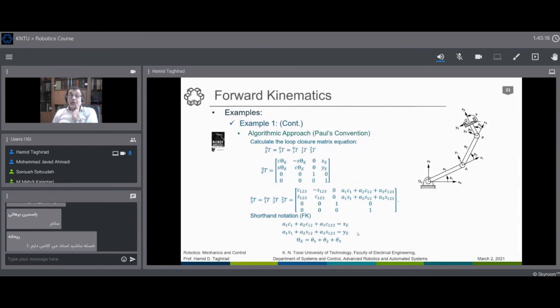But we don't talk about accuracy in robotics. We talk about repeatability. We don't care about the real accuracy of the robot. We care about repeatability. And that's enough. You can go and search for what is the difference between repeatability and accuracy.